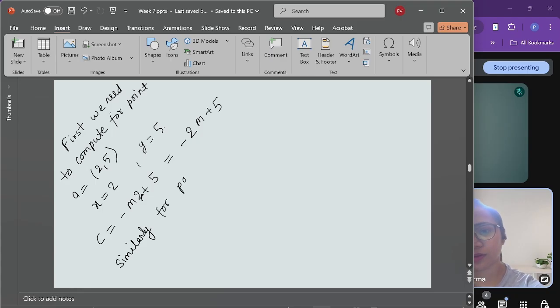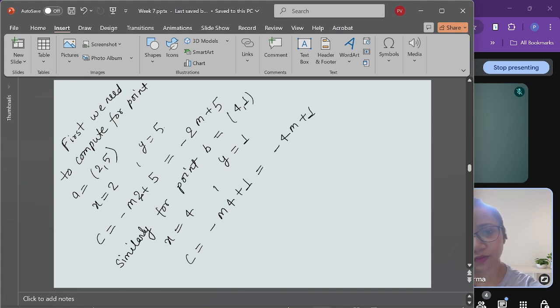For point B, that is 4, 1. So here x is equal to 4 and y is equal to 1. So just put in this equation, so minus m4 plus 1. Okay, so overall you will get minus 4m plus 1.